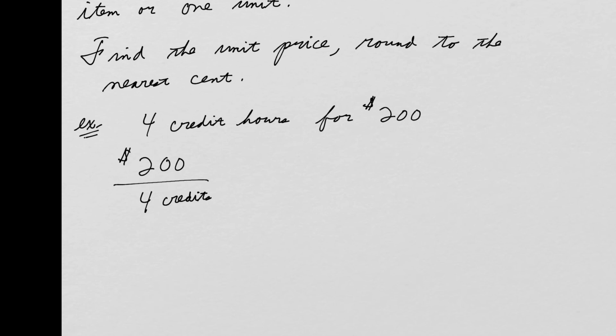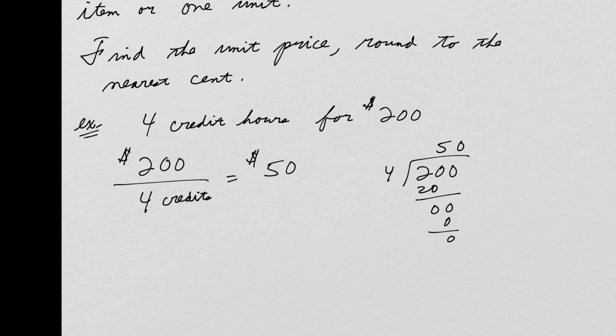So then if we simplify this, basically divide again, so 200 divided by 4 is going to be what? This will be 5, 0, 0, and then 4 goes into 0. Don't forget the 0 there, right? So this is going to be $50 per 1 credit, right? Now I have a unit price, so it's per 1 credit because I divided it out. So $50 per credit.